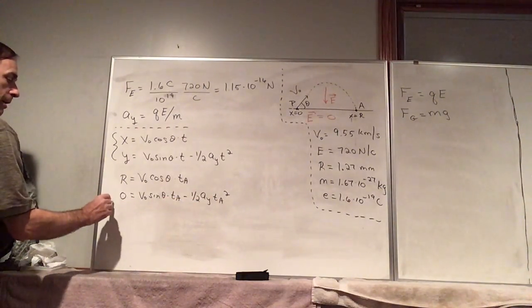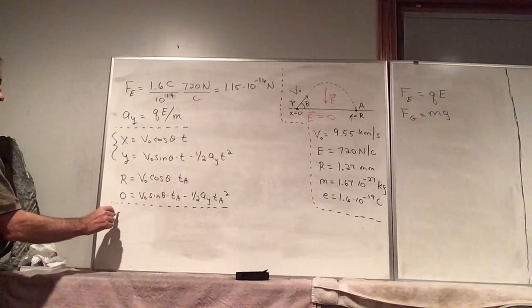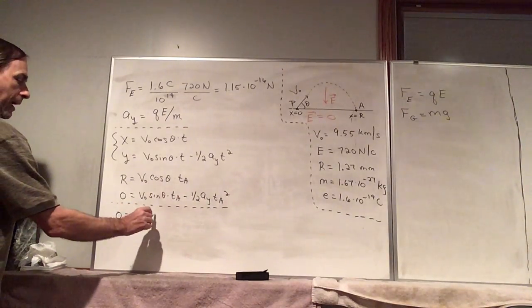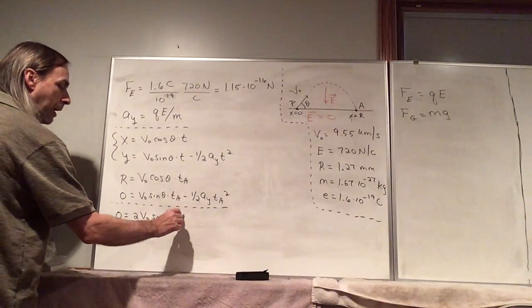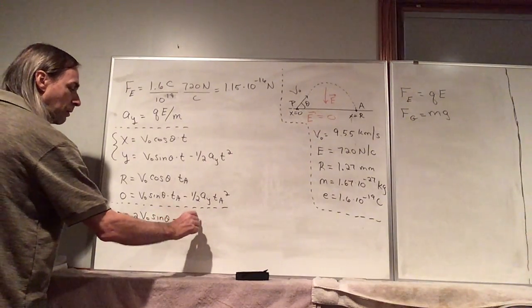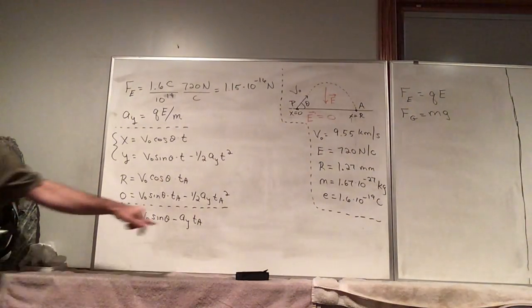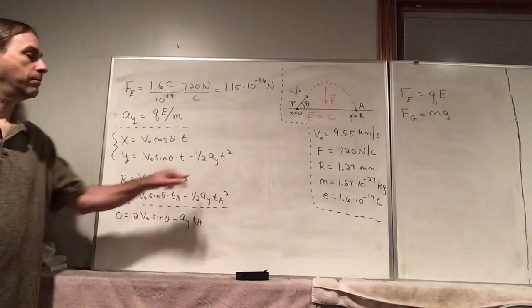So here, for the second equation, we have 0 equals 2 v naught sine of theta minus a_y t_A. And now we want to solve for t_A and plug that in here.